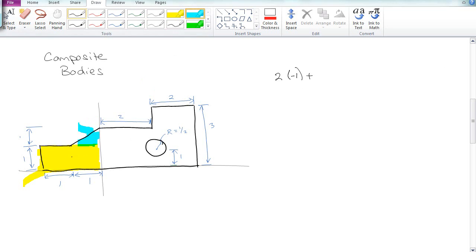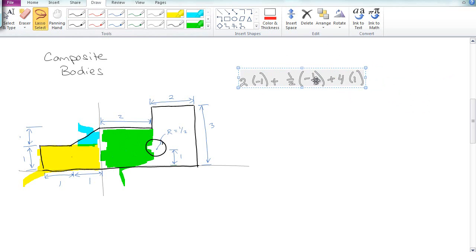Then I want to add in the triangle, which is 1/2 base times height, so that's just 1/2. Its x centroid is located 1/3 from the fat side, which is 1/3 from the origin, again in the left direction. Then I've got this one, which is a 2 by 2, so its area is 4, and it's located at 1 from the origin along the x-axis.